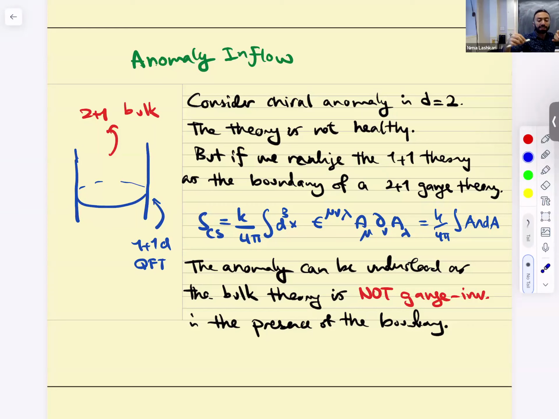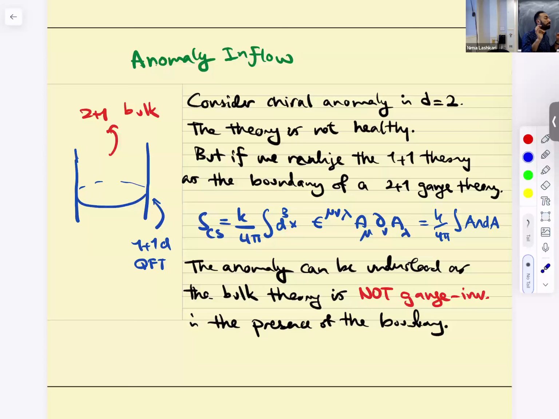So what are we saying in anomaly inflow? We say the following thing. Take 2 plus 1 dimensional gauge fields. Add this Chern-Simons action. Once you add the Chern-Simons action in the absence of boundaries, this is a gauge invariant theory, it's a sensible theory.